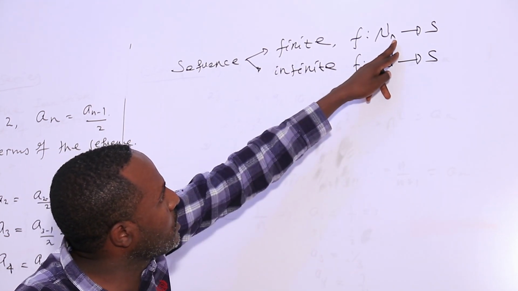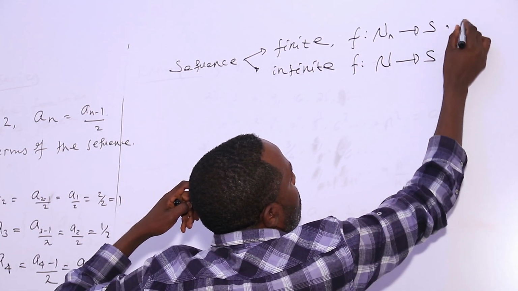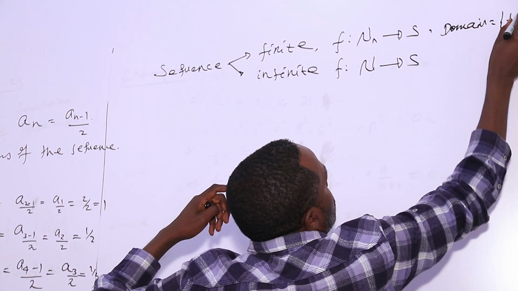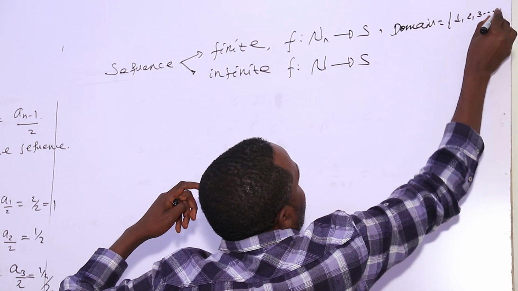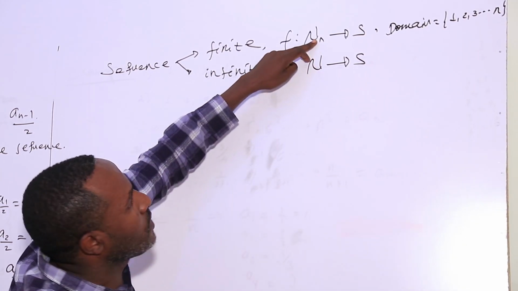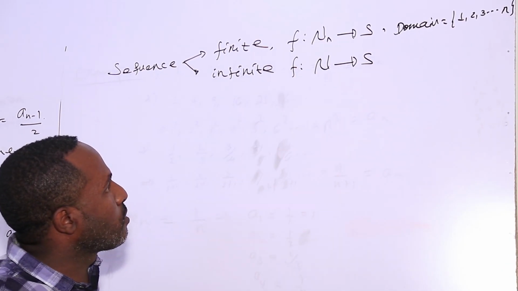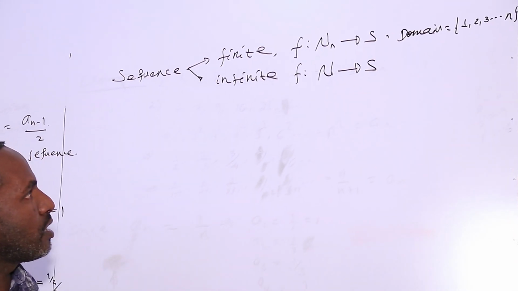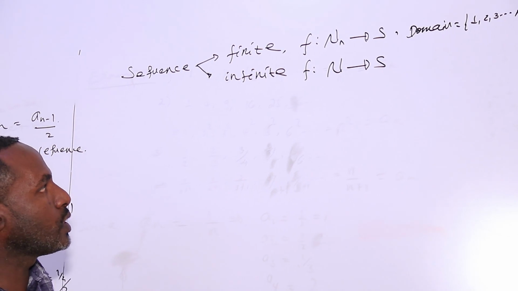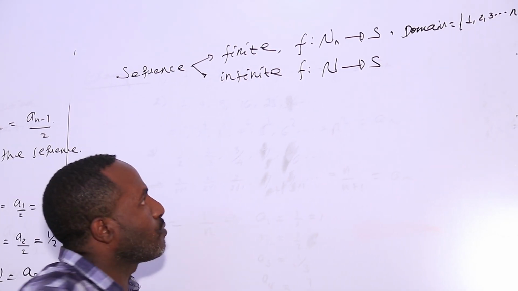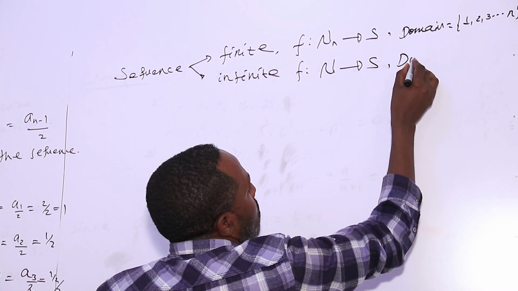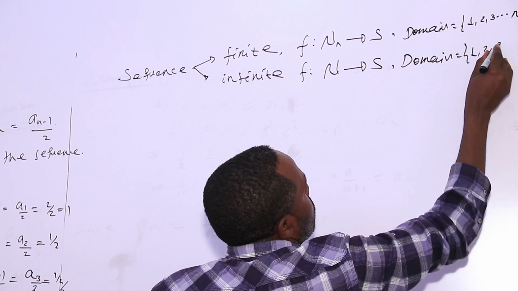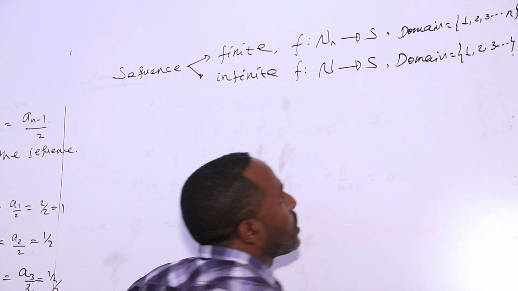In the case where our domain is limited to 1, 2, 3 up to n, our domain is simply a subset of natural numbers. Otherwise, our domain is 1, 2, 3, and so on.